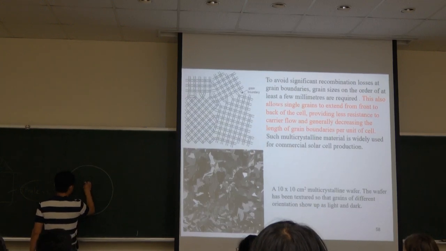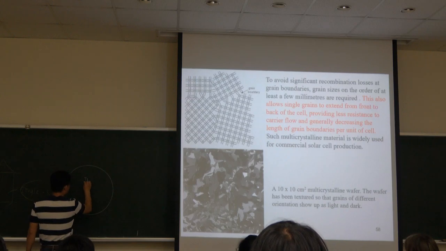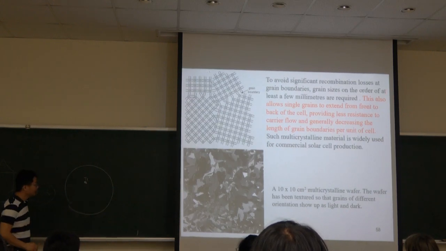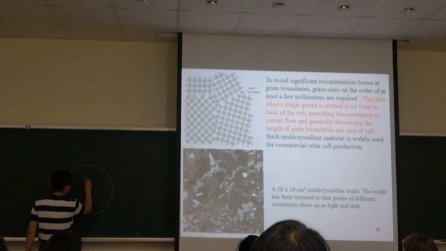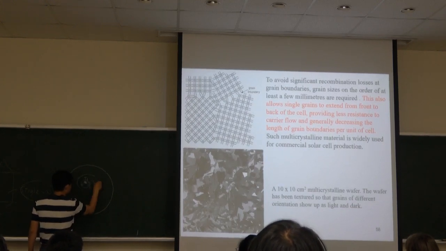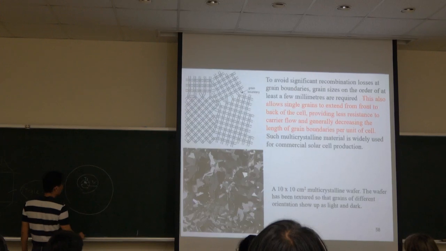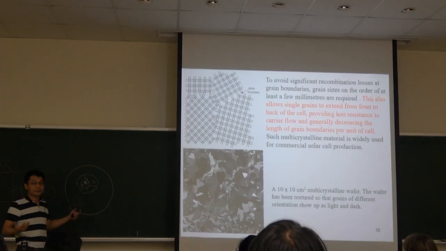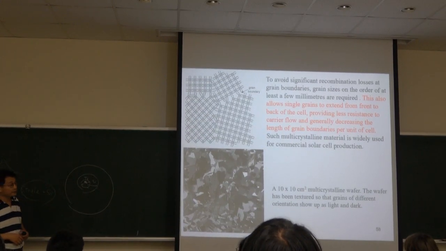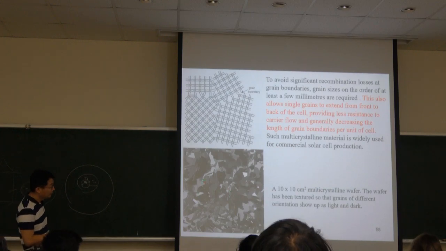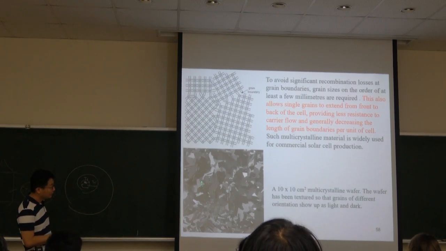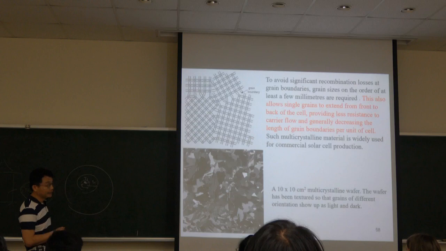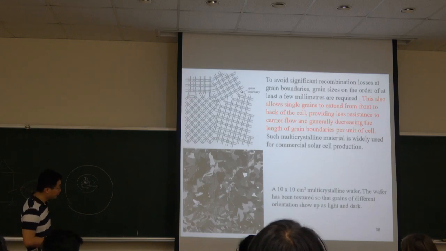For example, at T1, you have the nucleation, right? And then after T2, you get the nucleation growth increased. So you can have the different growth rate, and you could have the different grain size, right?